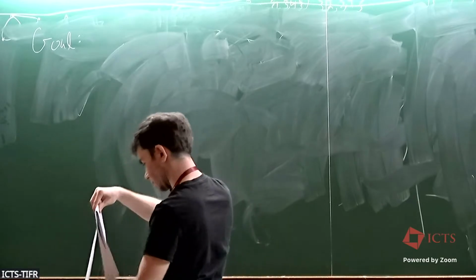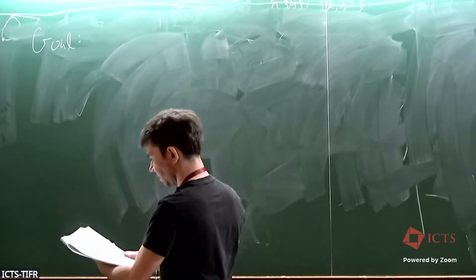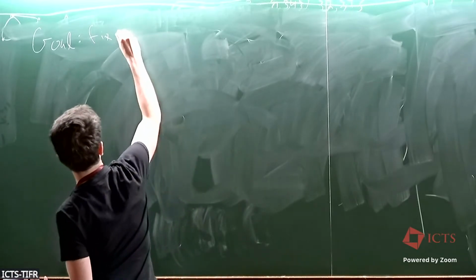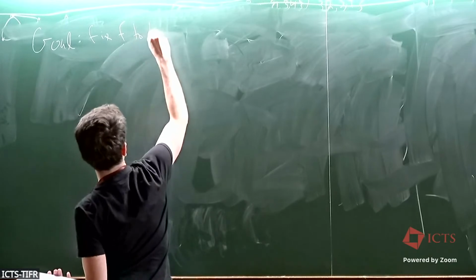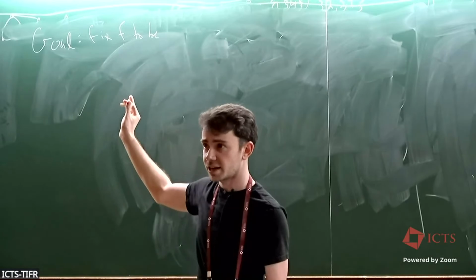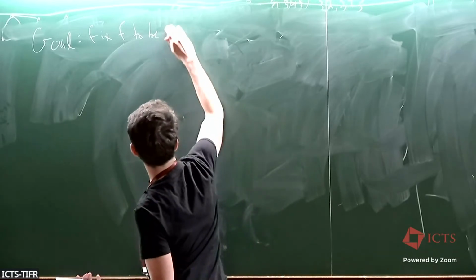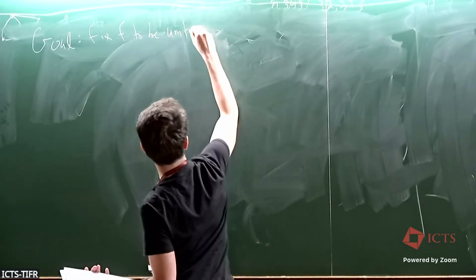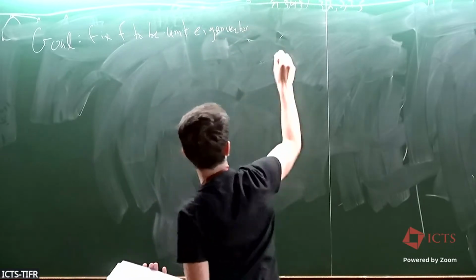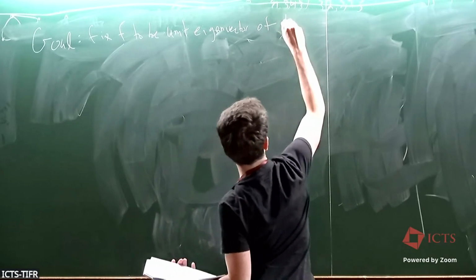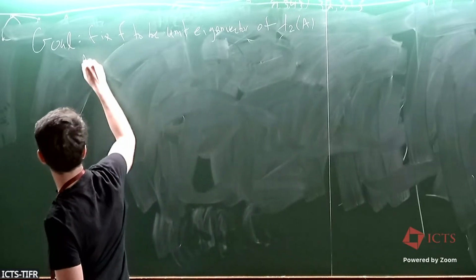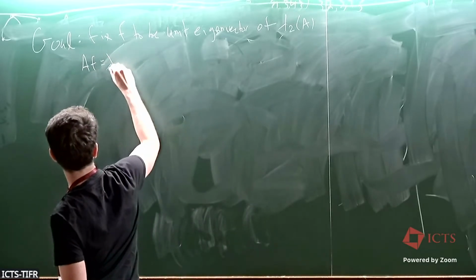Our goal is to fix f to be the eigenvector corresponding to lambda 2 of the graph A that we want to analyze, a unit normalized eigenvector of lambda 2 of A. Otherwise, f is the vector such that Af is equal to lambda 2 f.